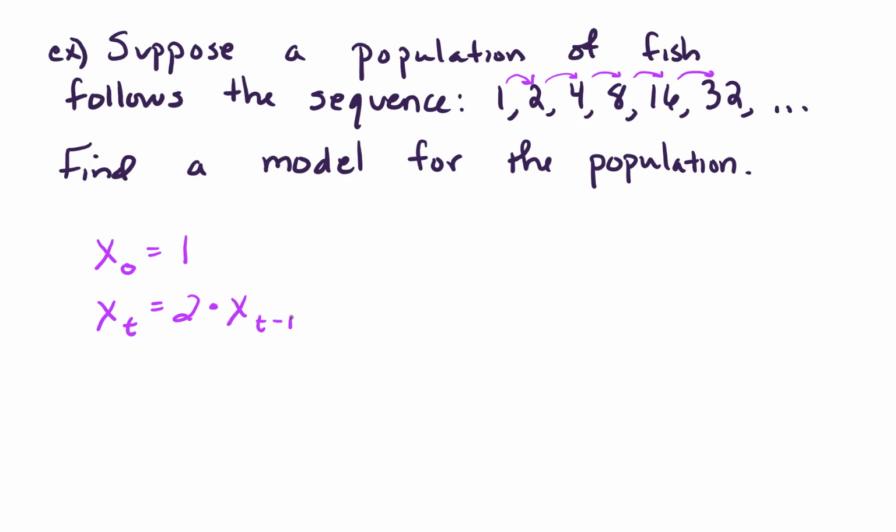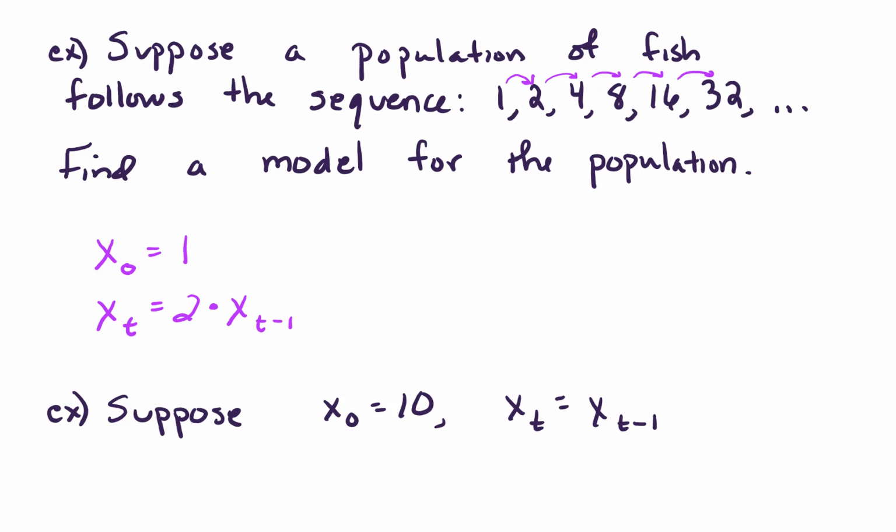Now sometimes we are actually given the recurrence relation. Suppose we are given that x naught equals 10 and x sub t equals x sub t minus 1 plus t. Find x1, x2, and x3. Sometimes we're given the formula and they want to know the first couple of terms in the sequence.